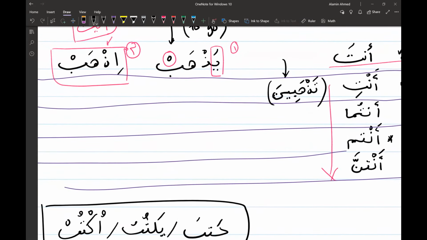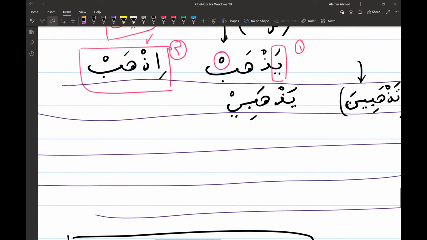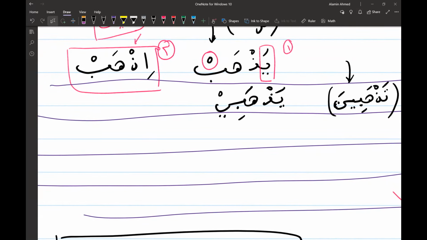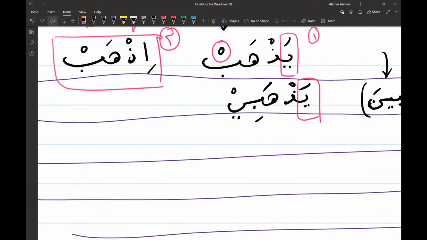So that means if it was in a majzum state, it would be yadhabi. So what was the rule? The next rule is that you have to remove the first letter, the ya, the present tense harful mudare.